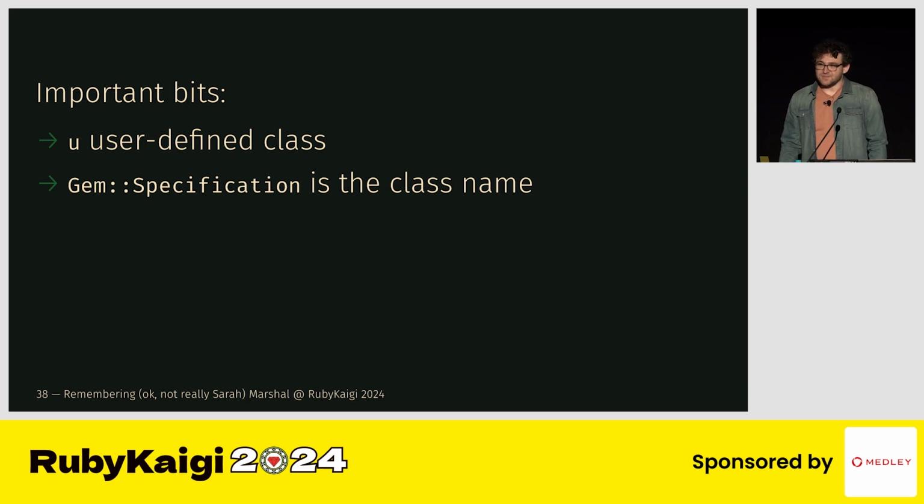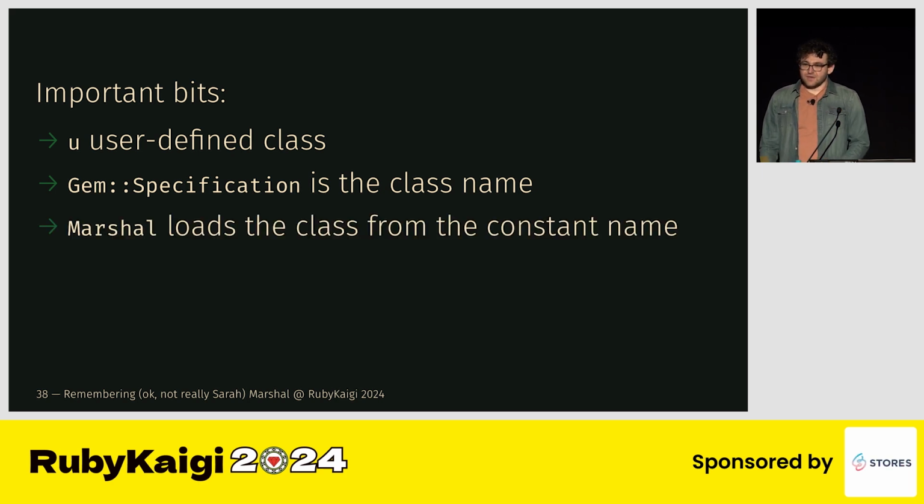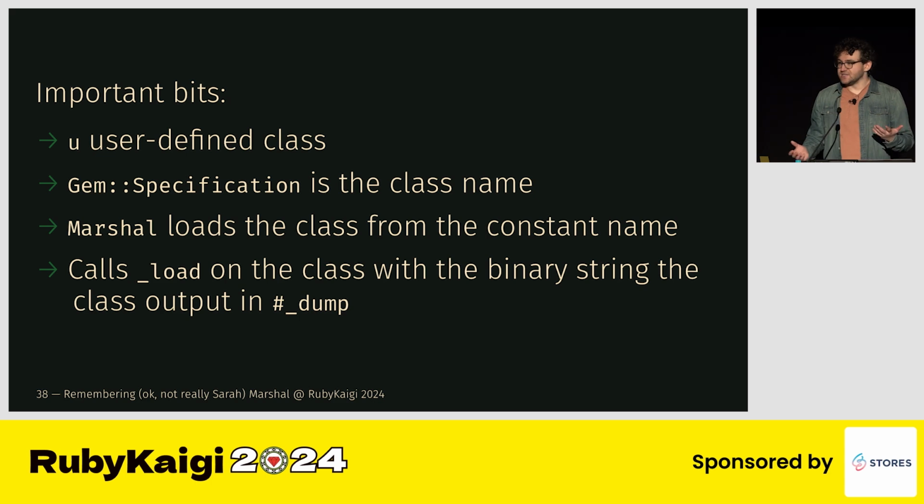We can see that Gem::Specification is the class name. And Marshal then loads the class from the constant name, and because the type tag of the class was U, we call _load on the class with the binary string that was next in the document.